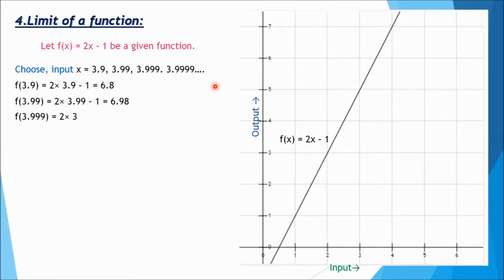The functional value will be 6.998. Now at x is equal to 3.9999, the functional value will be 6.9998. Now let's see the sequence of inputs.